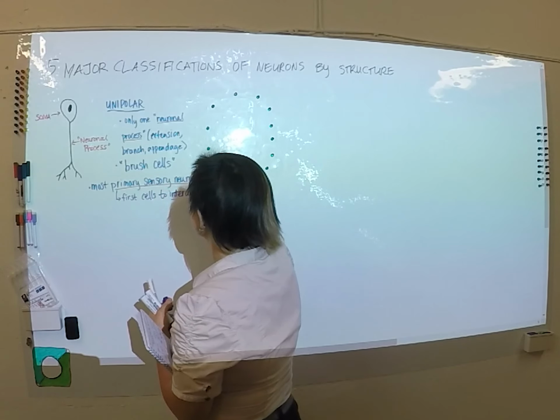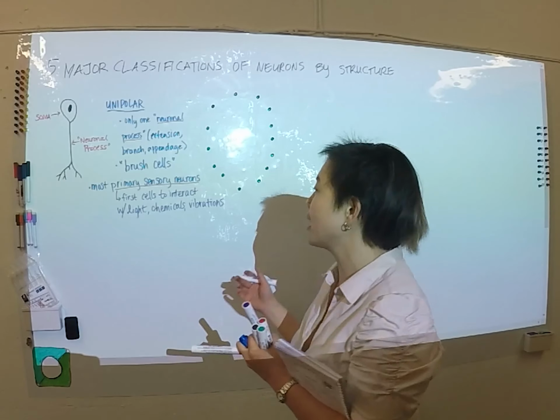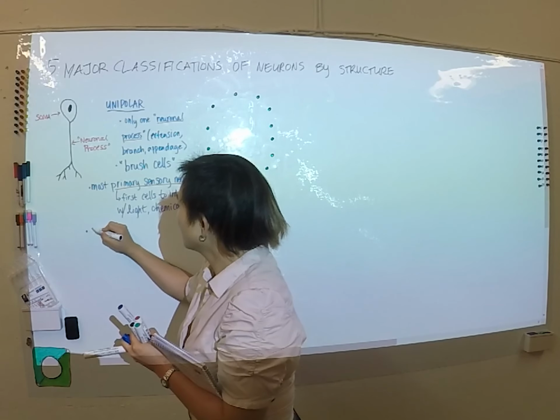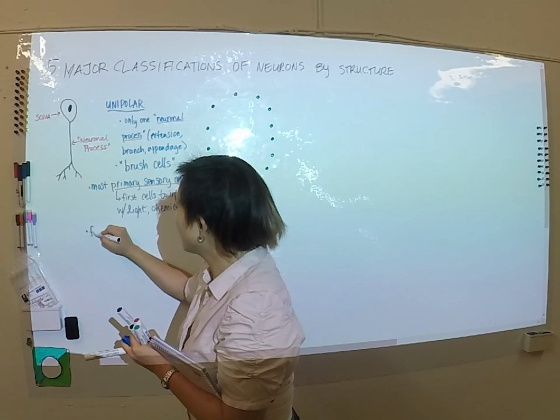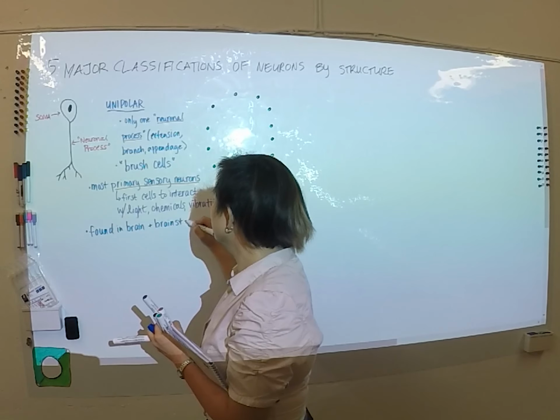Okay? All right. And in humans, they're most often found in the brain or the brainstem.